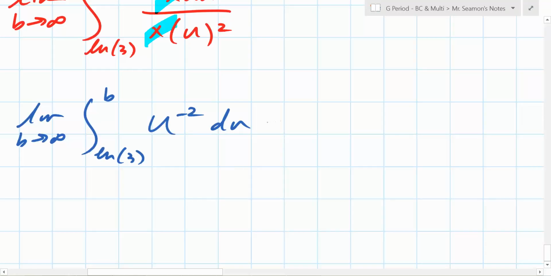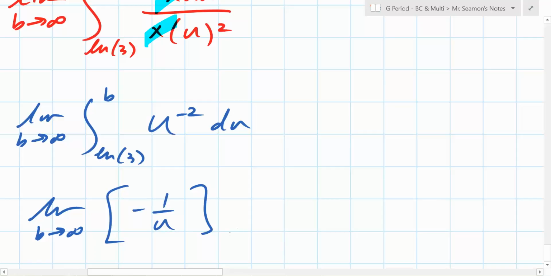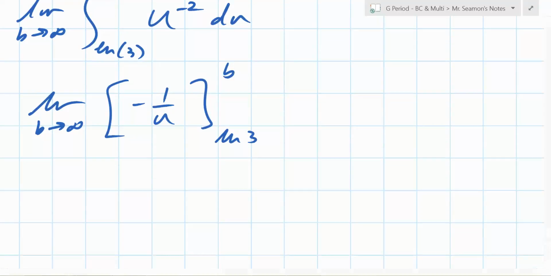u to the negative 2. So that's going to be the limit as b goes to infinity, ln 3 to b. If we do the integration, what do we end up with? Negative 1 over u from ln 3 to b. Is that good? We're doing okay so far? Okay.